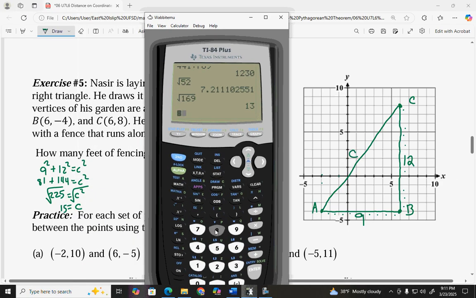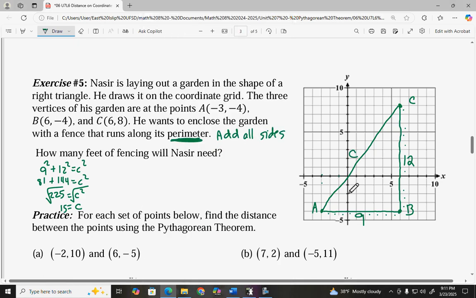I'm just going to double check my math since I did all that in my head. So 81 plus 144 is 225, and the square root of 225 is 15. It is a Pythagorean triple. It's a multiple of a 3, 4, 5. So this side is 15. Now I can find the perimeter.